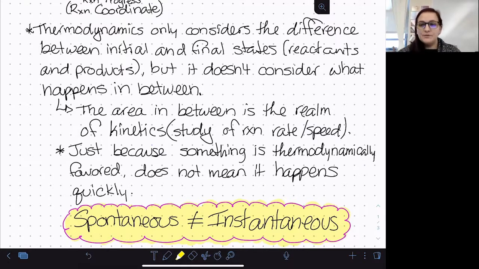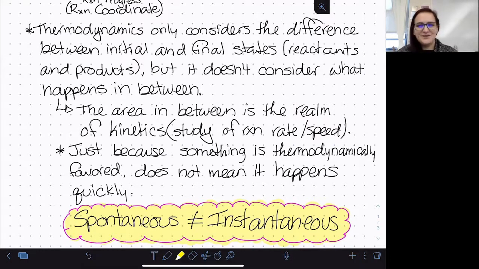So we use the terms thermodynamically favored and spontaneous more or less interchangeably in chemistry. But the problem with the word spontaneous, as we use it outside of science in the English language, conjures up this image of something happening right away, that if you make a spontaneous decision, you're going to go do something right now that you hadn't planned on.